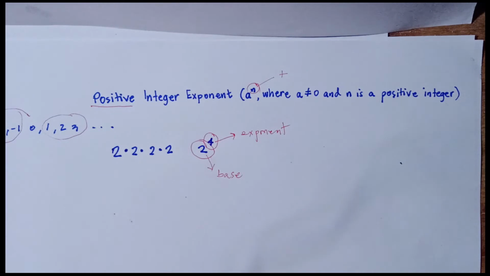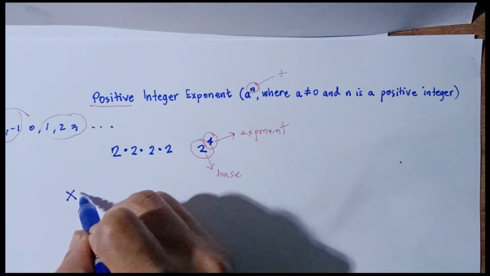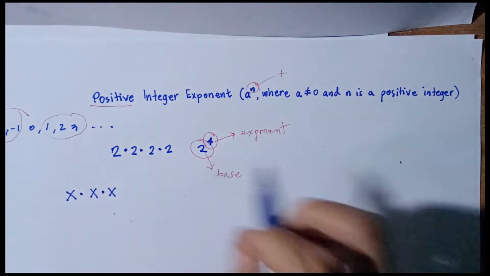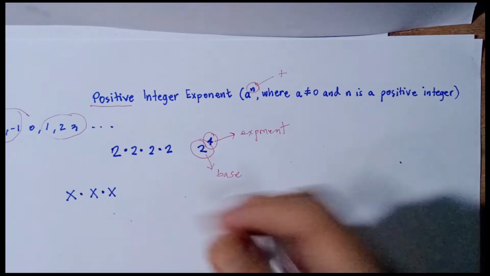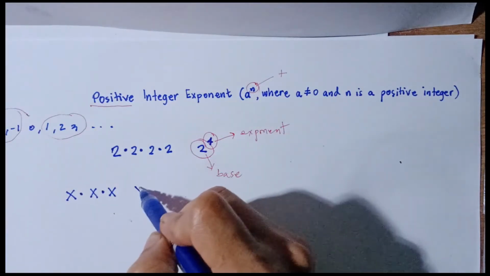Similarly, we have x times x times x. We can also read it as x cubed.